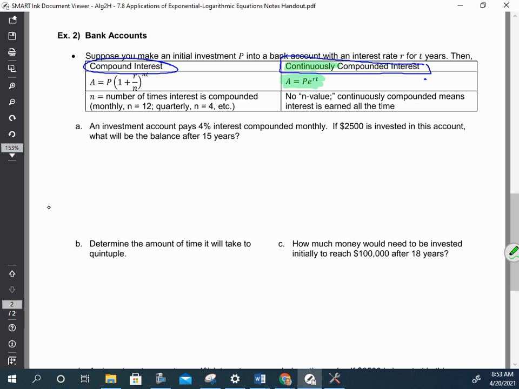Continuously, that formula. Anything else, the compound formula. So you get the difference? We're going to work with this one first, and then we'll do the continuously compounded one.